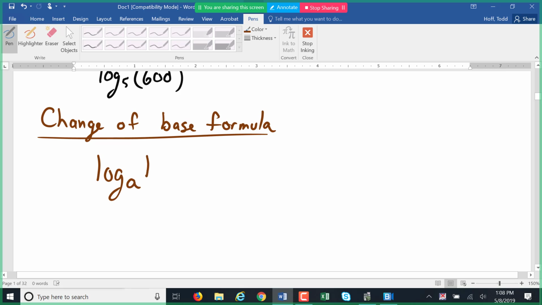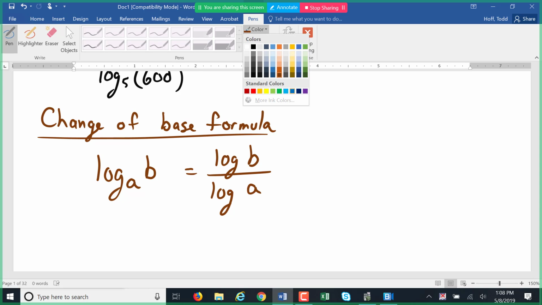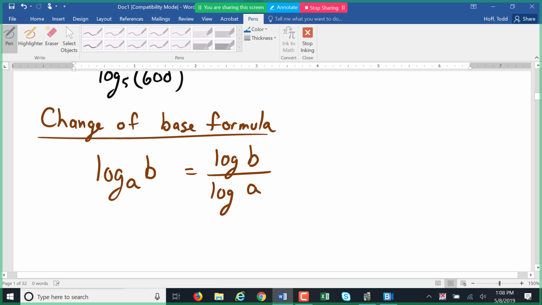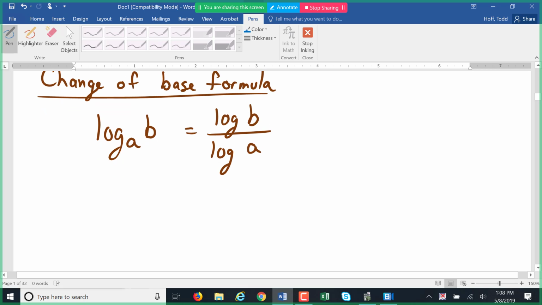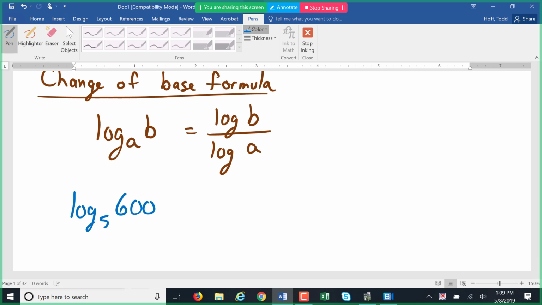Log base a of b is equivalent to log of b divided by the log of a. So let's use that to calculate log base 5 of 600.